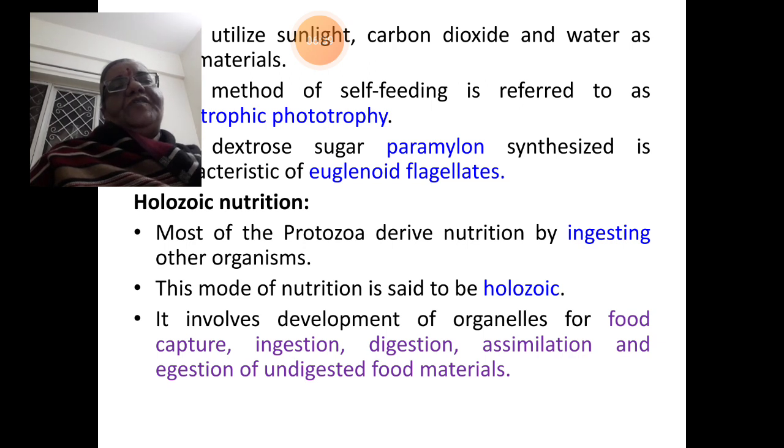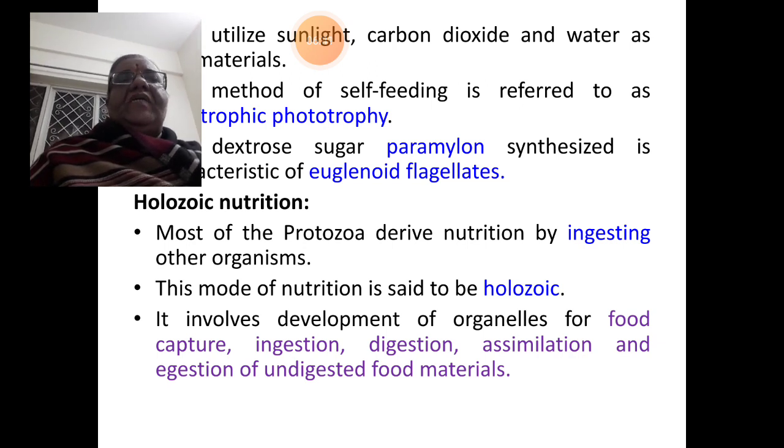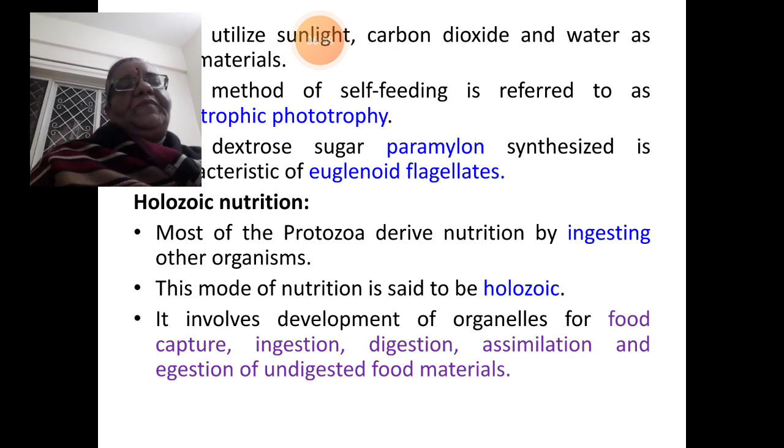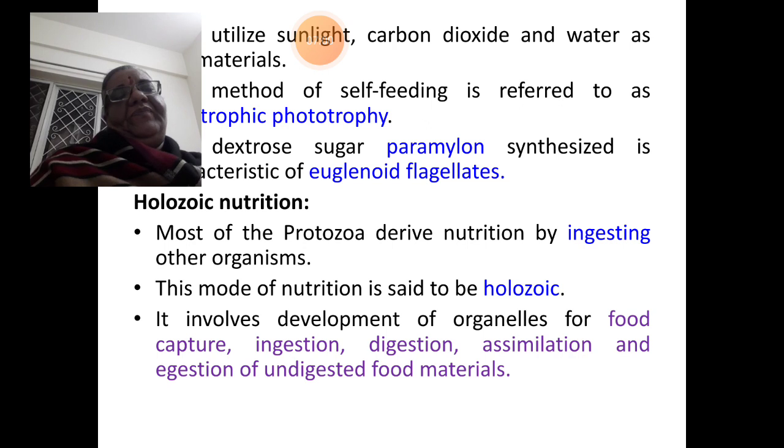And this mode of nutrition wherein the individual feeds by ingesting other organisms is said to be holozoic. Zoic means animal-like, phytic means plant-like. That's what I meant. So this mode of nutrition is said to be holozoic.